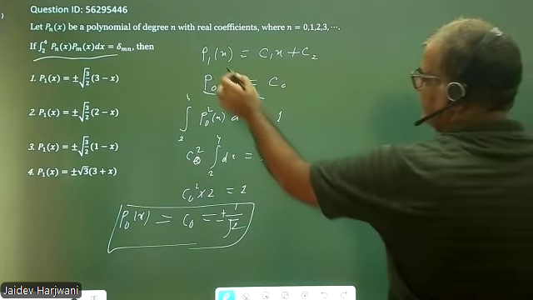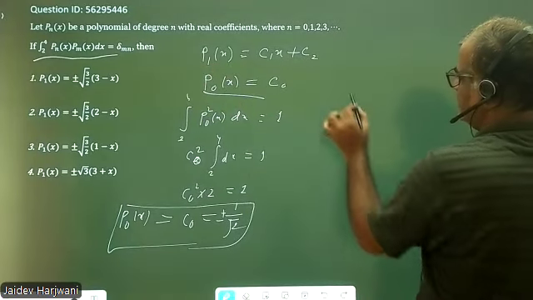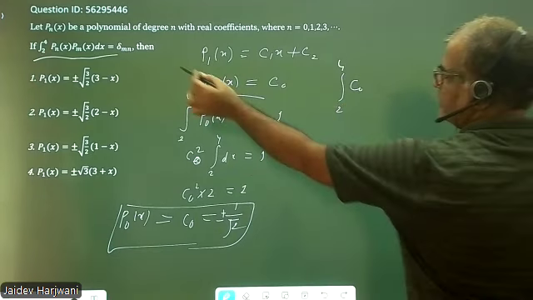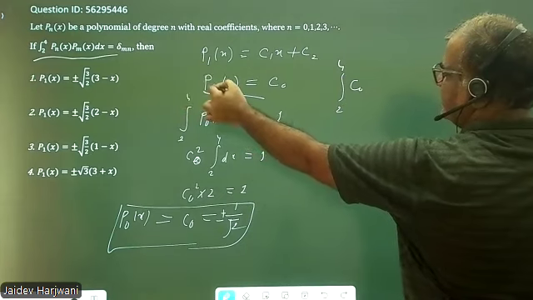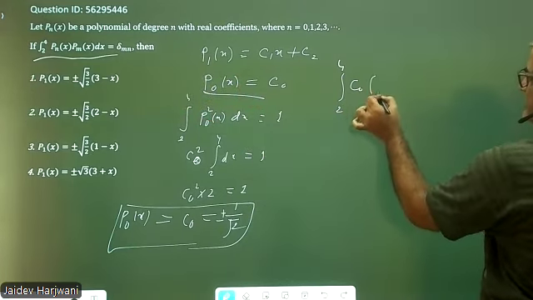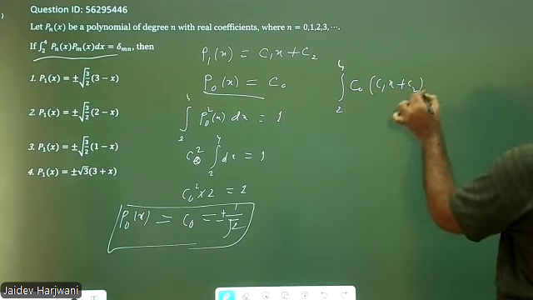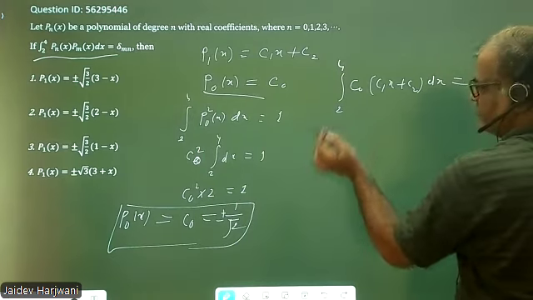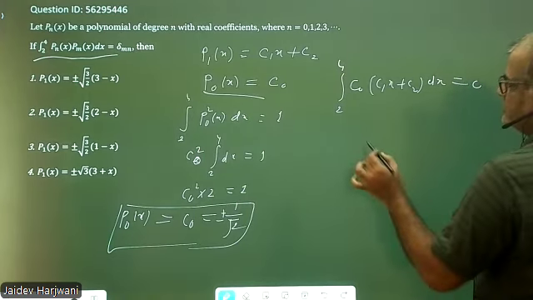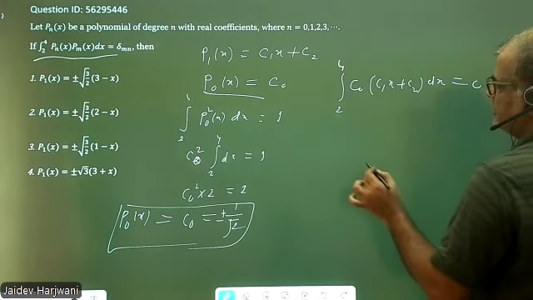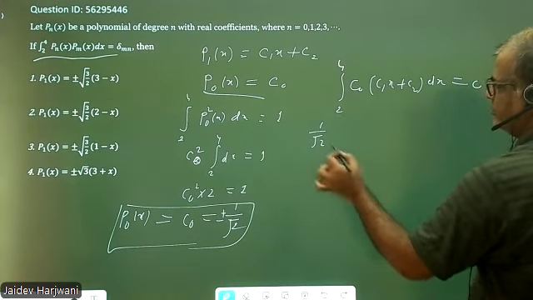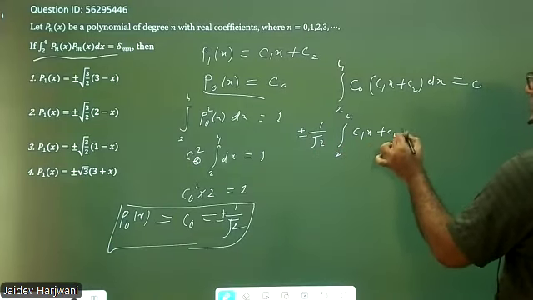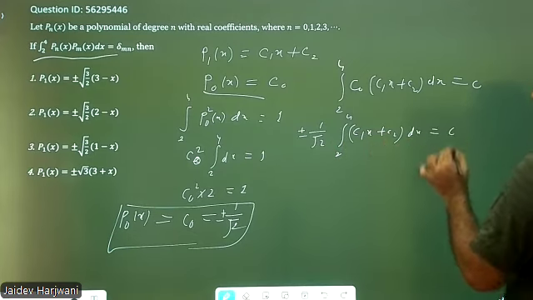So now we can use this in the integration condition, and we can find the P1(x). Now P1 and P0 are orthogonal. So I can write the integral from 2 to 4 of C0, that is P0(x), times P1(x), which is C1x + C2, dx should be equal to 0. Now C0 is 1 by root 2, so this constant will go out. So now 1 by root 2 times the integral from 2 to 4 of (C1x + C2) dx equals 0.